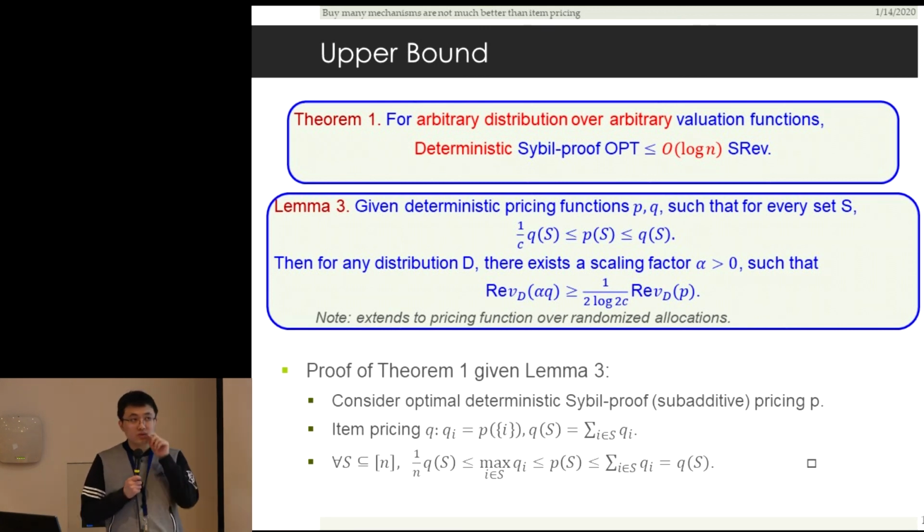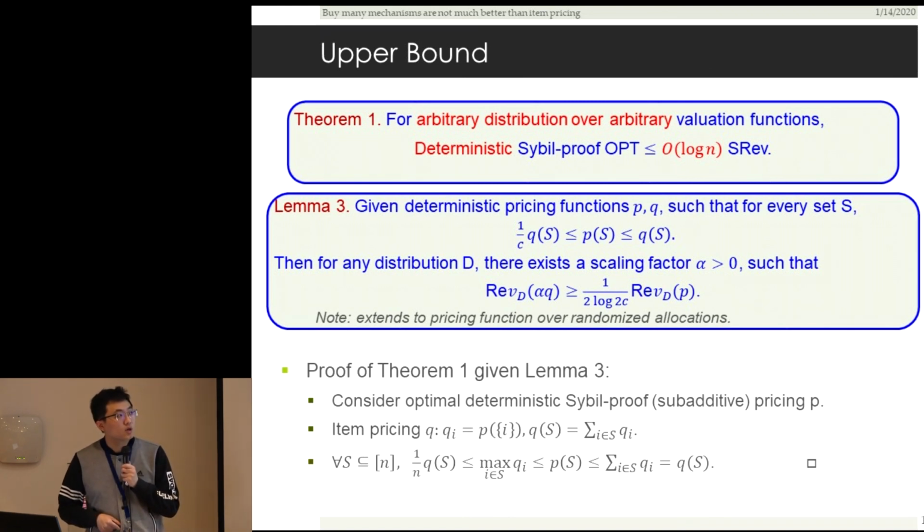To prove this theorem, we would like to propose the following lemma that is interesting on its own. Intuitively, what the lemma says is that for any two pricing mechanisms, if one pricing function pointwise approximates the other pricing function, then the revenue will also have a good approximation.